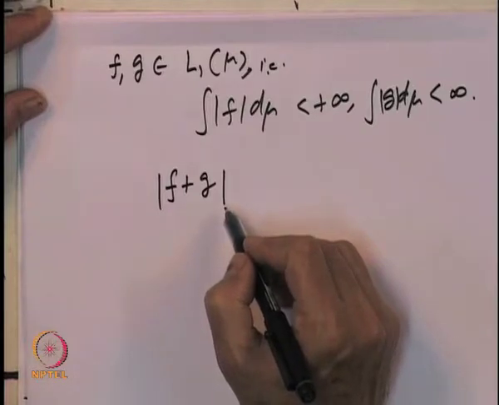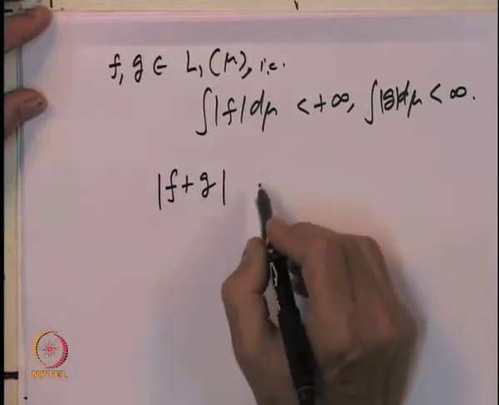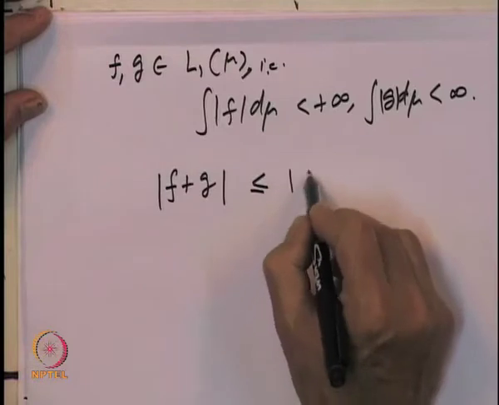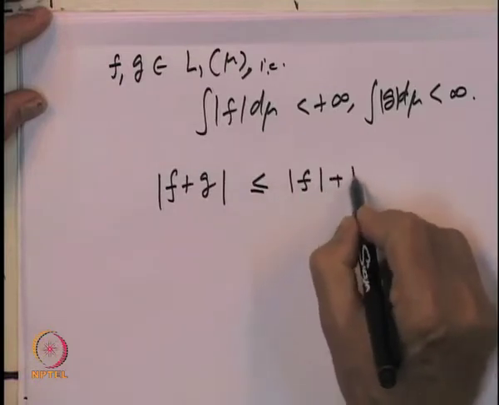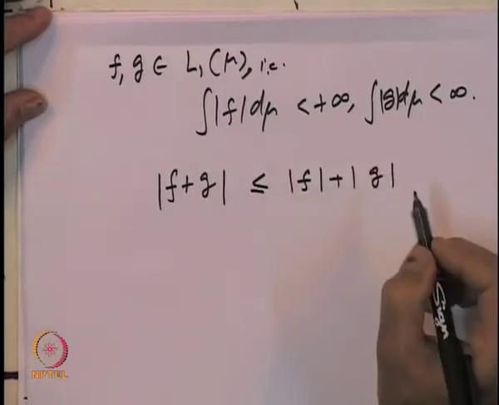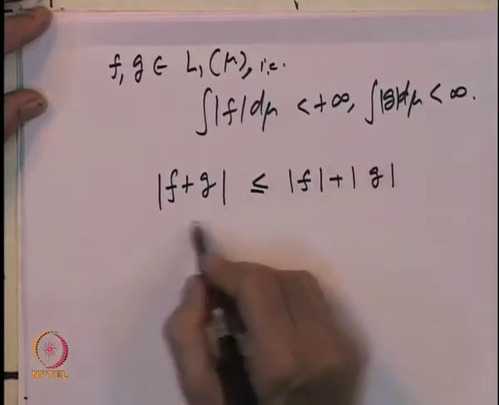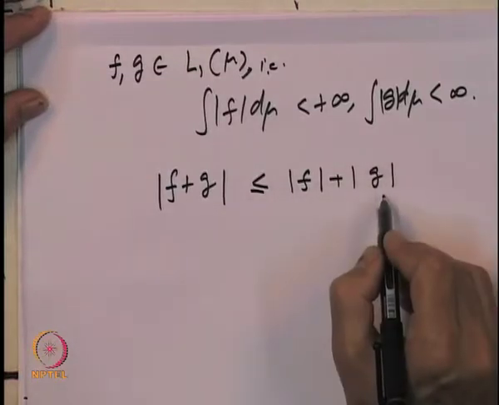But that follows easily, because the absolute value of f plus g is always less than or equal to the absolute value of f plus the absolute value of g, and all are non-negative measurable functions.